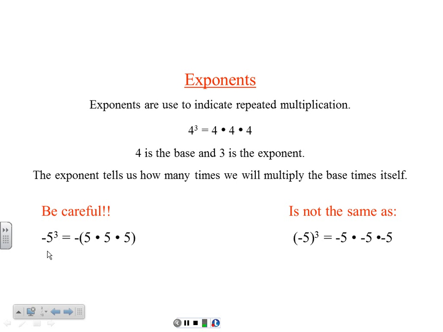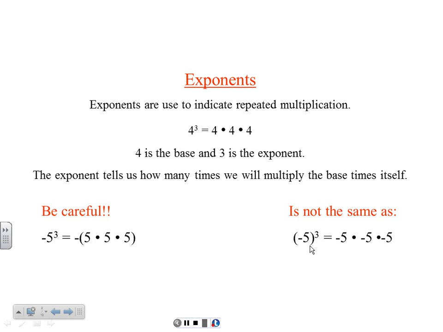Instead, what this says is the opposite of 5 cubed. And so you're going to think of the negative sign as the opposite sign. 5 is your base, not negative 5, but 5 is your base. And so you're going to have the negative sign on the outside, and then you're going to do the 5 times 5 times 5.